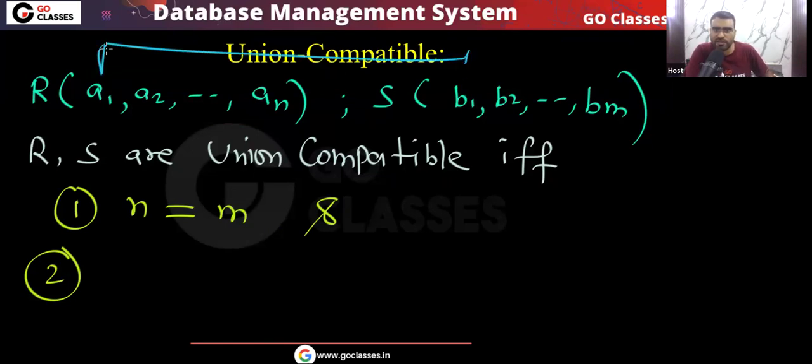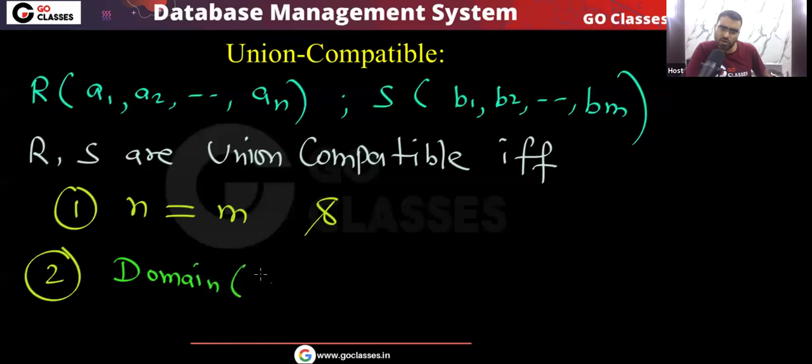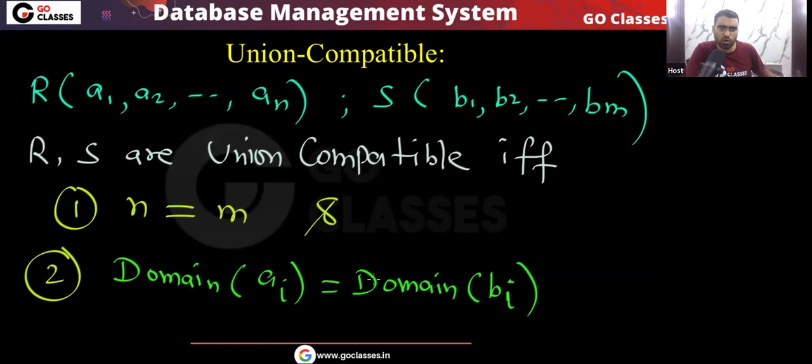Domain of A1 should be the same as domain of B1, domain of A2 the same as domain of B2, and domain of AN the same as domain of BN. Is this clear? Very simple point: domain of AI should be the same as domain of BI, for all I. The names can be different.